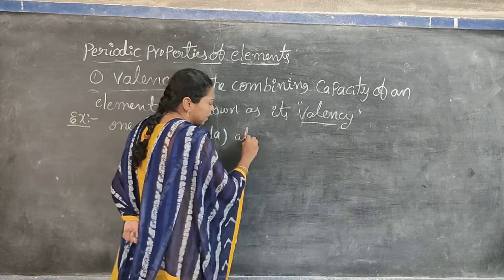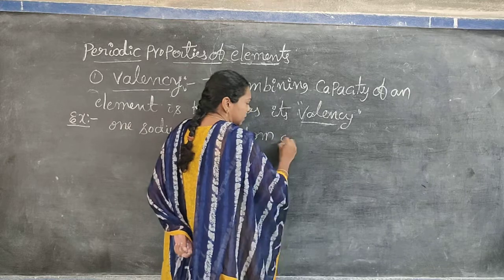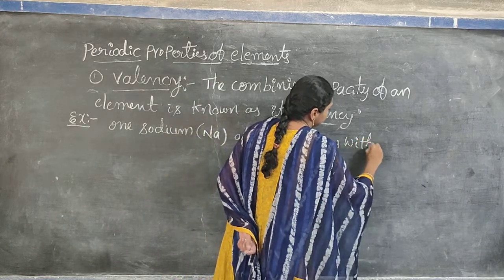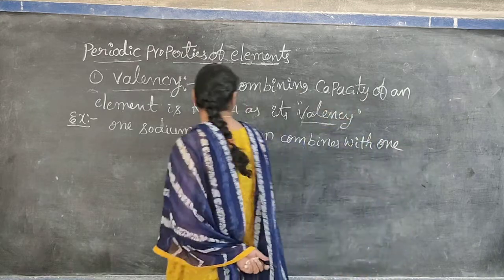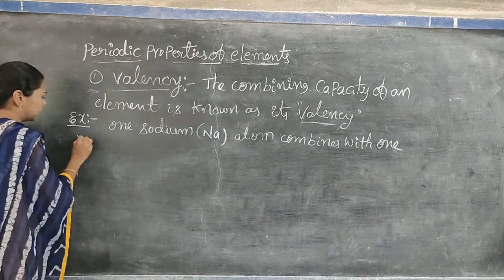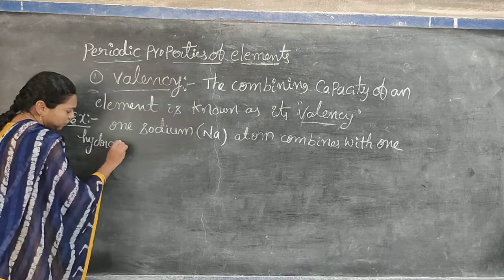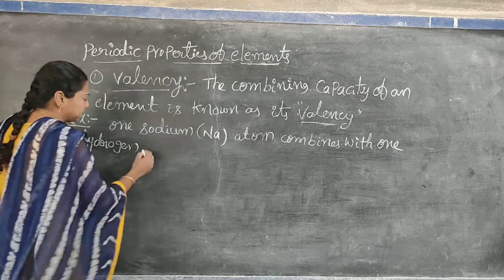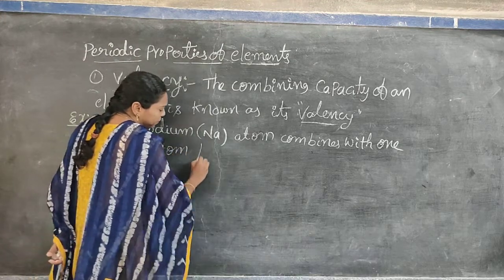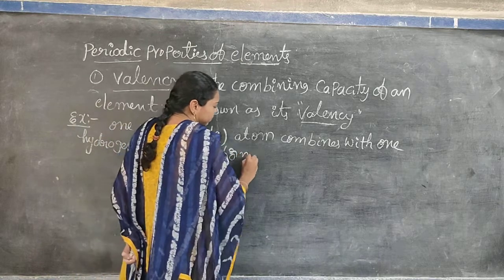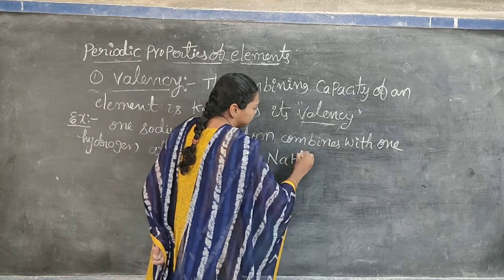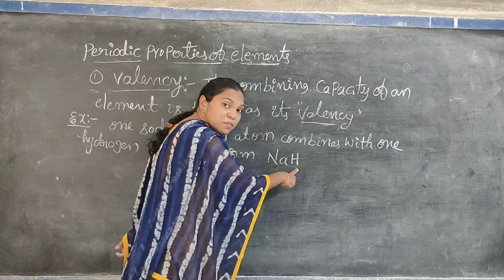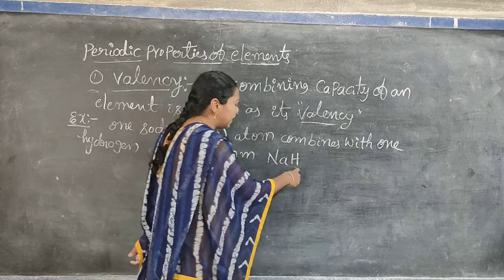One sodium atom combines with 1 hydrogen atom to form sodium hydride, formula NaH.